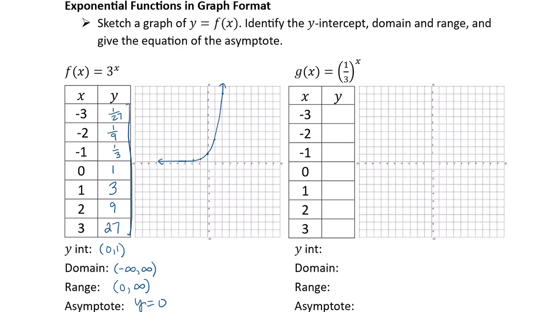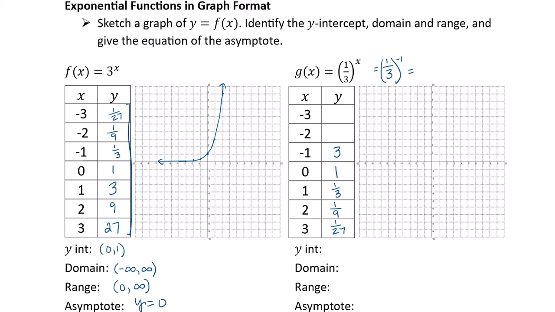Now let's try graphing y equals 1/3 to the x. It might be helpful to start from the bottom of the table for this one. 1/3 cubed is going to be 1/27. 1/3 squared is 1/9. 1/3 to the 1 is 1/3. 1/3 to the 0 is 1. 1/3 to the negative 1 is the same as 3/1 to the positive 1, which is 3.